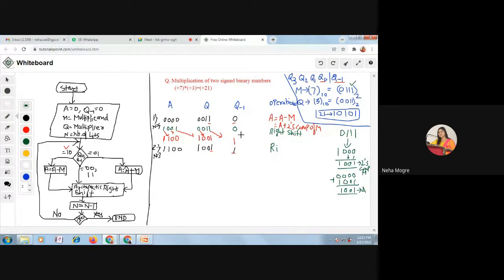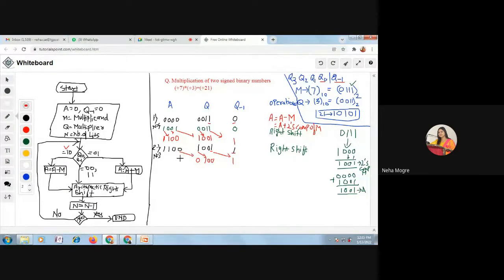Yes, students, reply. Arithmetic right shift. So directly we are going to perform the arithmetic right shift. When we perform the arithmetic right shift, this value will be here, this 0 will be placed here, again this 0 will be here, this 1 will be in this place, this 0 will be placed here.